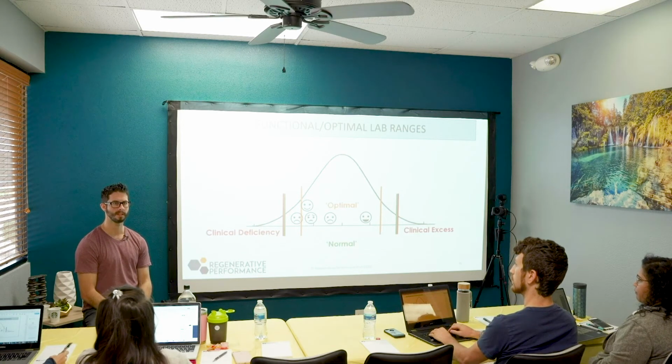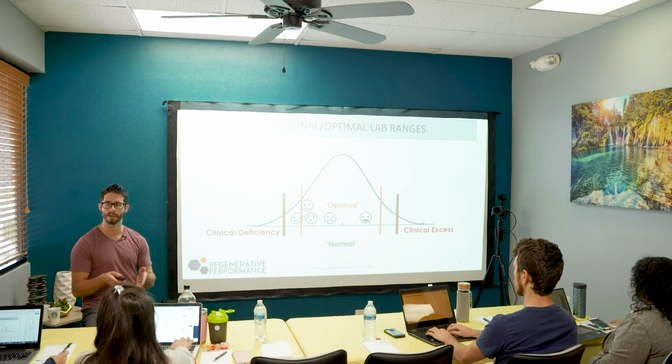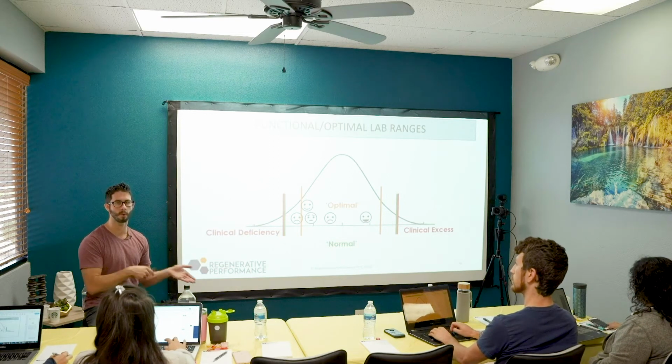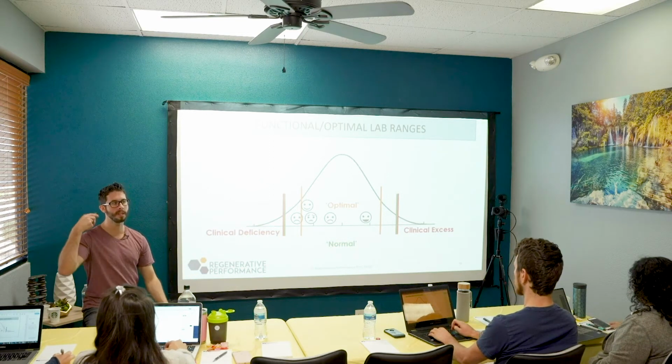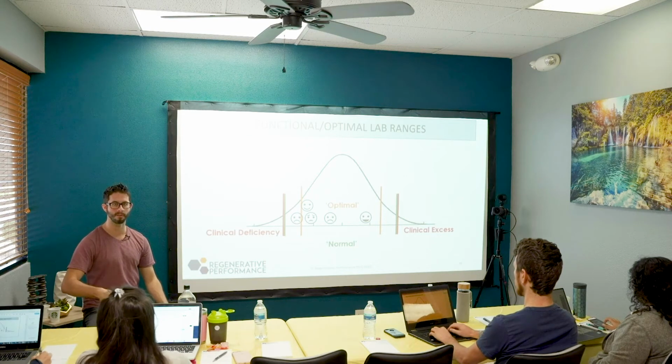Right? Not necessarily. Just because it's below 100, which is the functional range, does not mean you have a disease process or a diagnosis. It means you need to think about, is this clinically relevant for my patient?